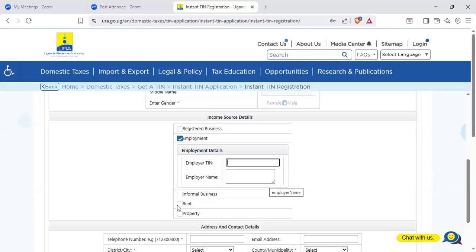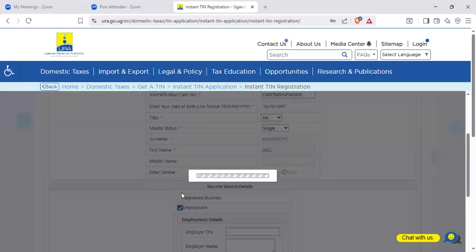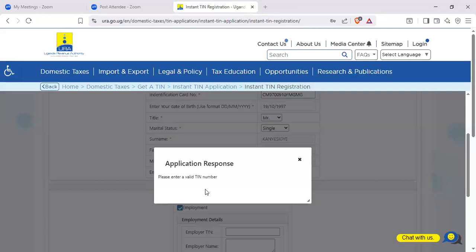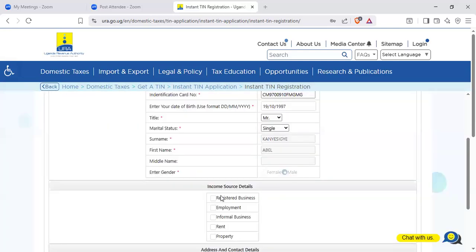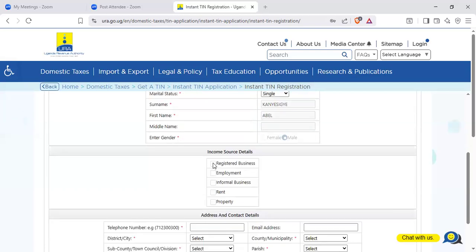If you have a registered business, you click on registered business. So here I can remove this. If you have a registered business, please tick on registered business.